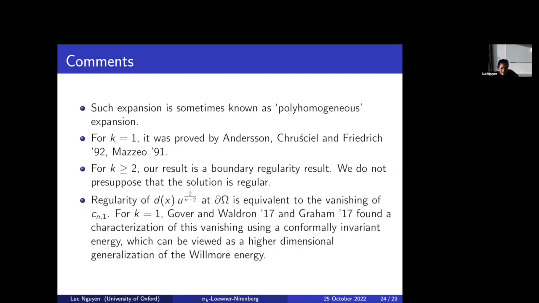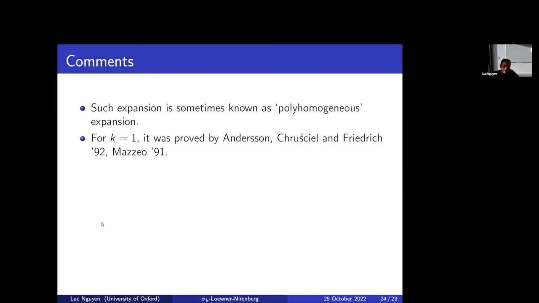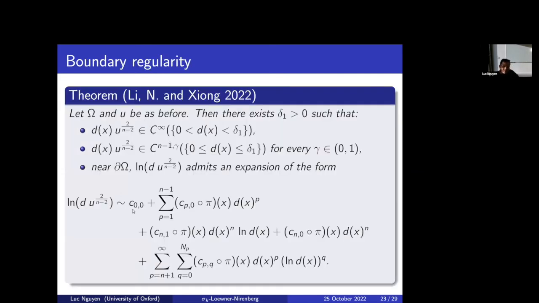Now, if we look at the expansion of d(x) times u to the 2 over n minus 2, then the regularity of this quantity at the boundary is equivalent to the vanishing of the coefficient C_{n,1}. So if I flash it over, the first n terms in the expansion are purely power of the distance, and then the next one, the n plus 1 term, is going to be in terms of the distance times a log of the distance.